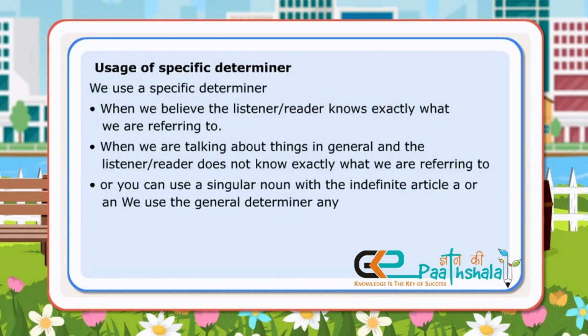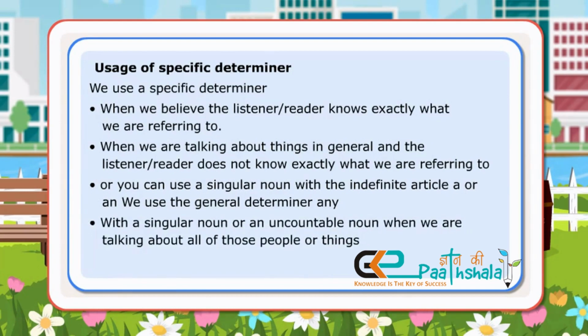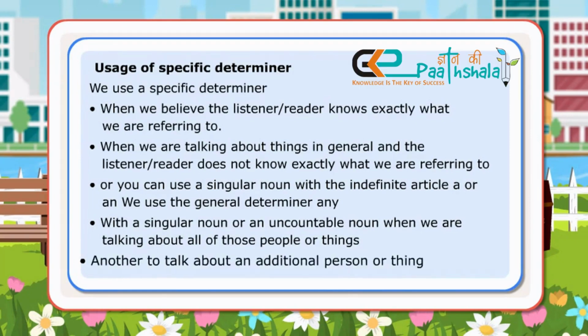Or you can use a singular noun with the indefinite article a or an. We use the general determiner any with a singular noun or an uncountable noun when we are talking about all of those people or things. Another is used to talk about an additional person or thing.